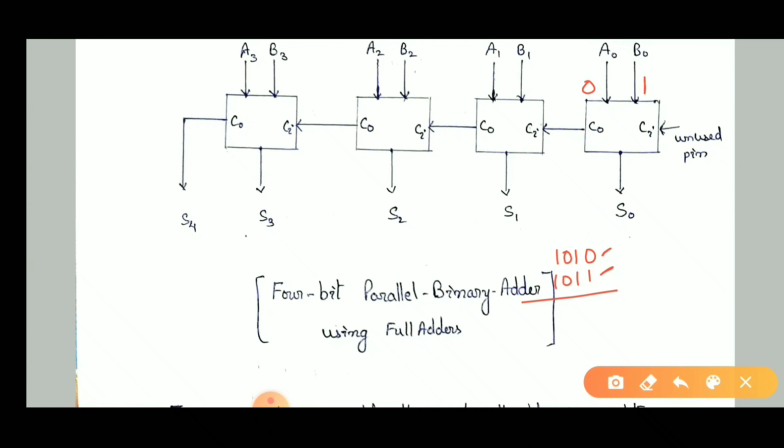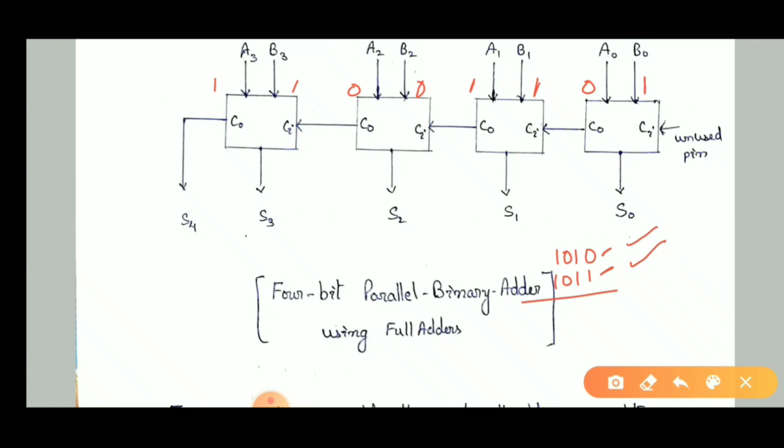Then you come to the second bits, that is 1 1. A1 is 1, B1 is 1. And what about A2, B2? 0 0. And A3, B3, 1 1. The inputs are given according to these two numbers.